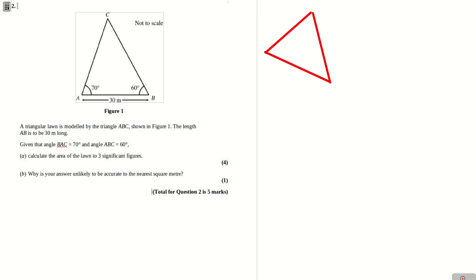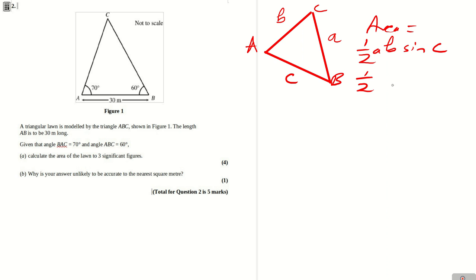If we call this triangle ABC, and if I label the sides little a, little b, little c, then the area of this triangle can be worked out by a half ab sine C, or a half bc sine A, or a half ac sine B.